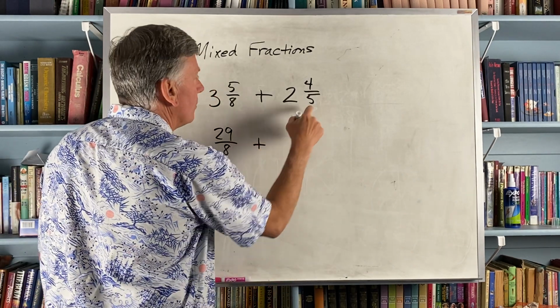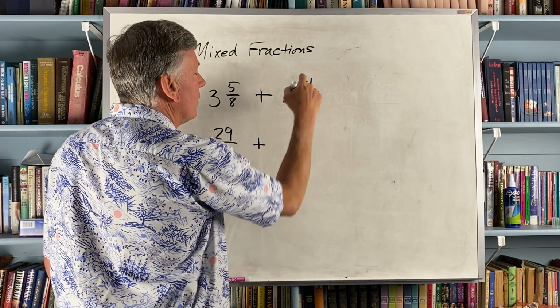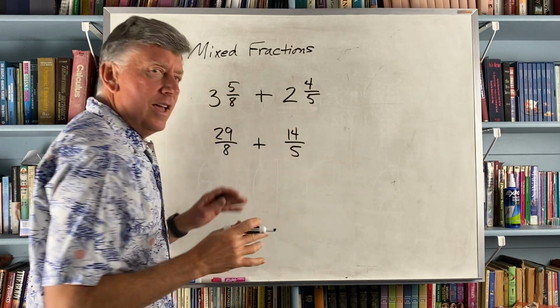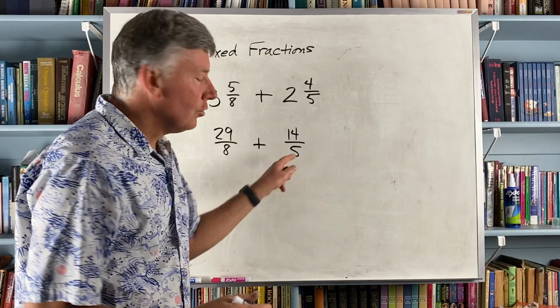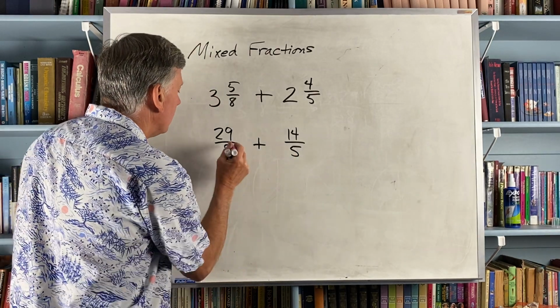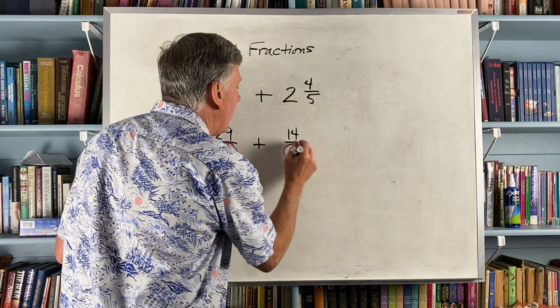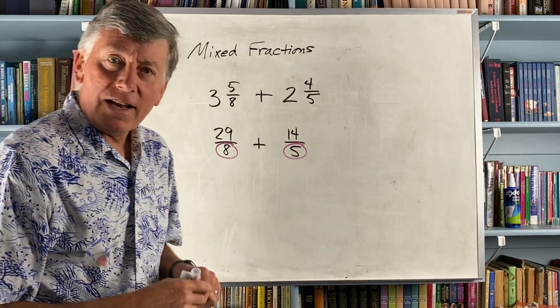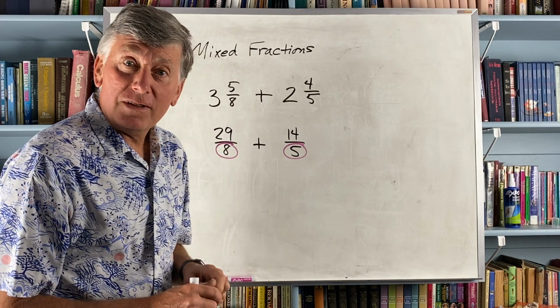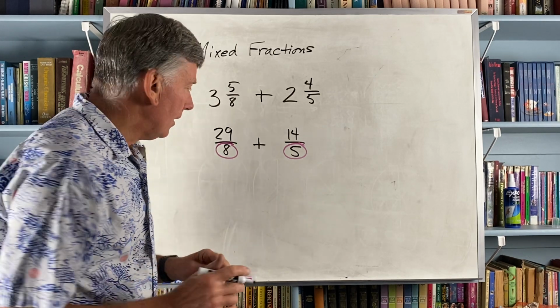This one is going to be 5 times 2 is 10, plus 4 is 14/5. And my problem is I have two different denominators. I have an 8 here, and I have a 5 here. And I need to make these into a common denominator. Here's what I do.